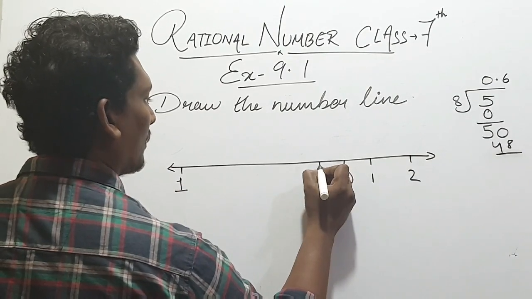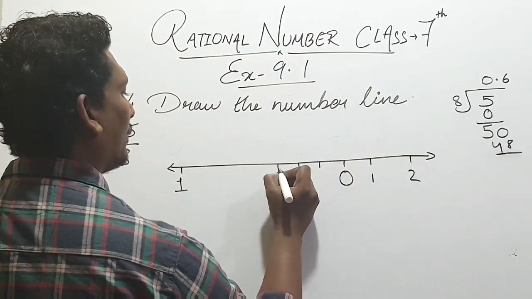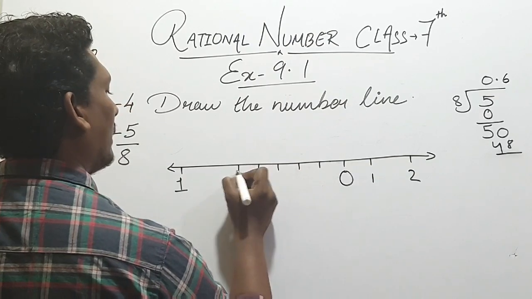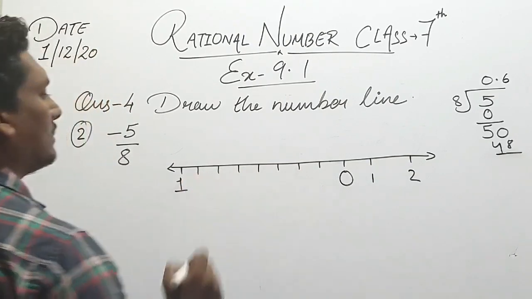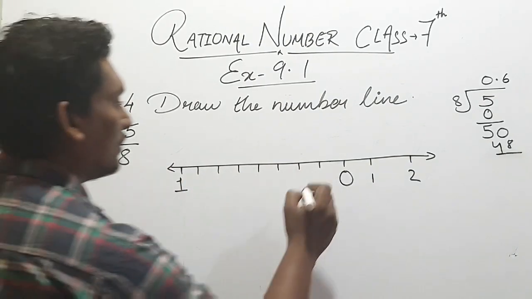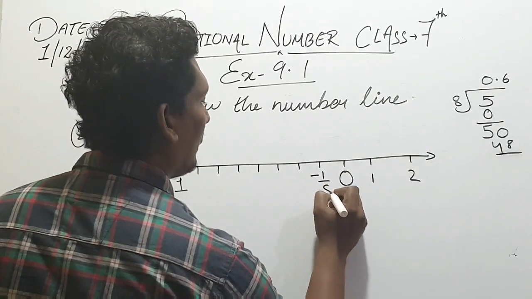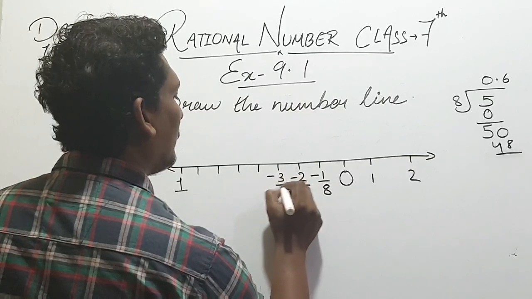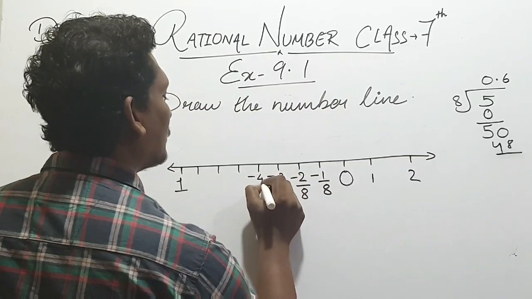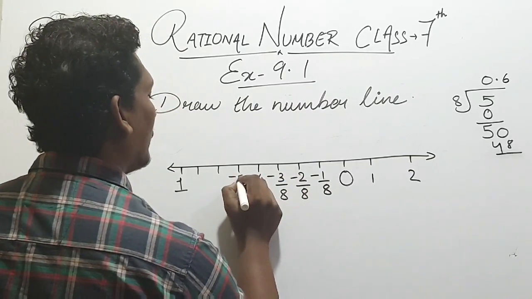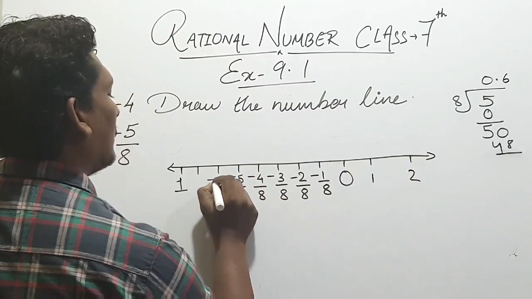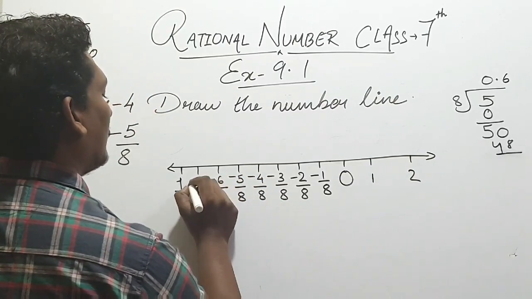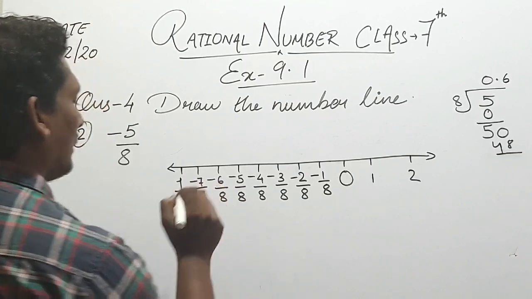So 1, 2, 3, 4, 5, 6, 7, right? So this is -1 by 8, -2 by 8, -3 by 8, -4 by 8, -5 by 8, -6 by 8, -7 by 8.